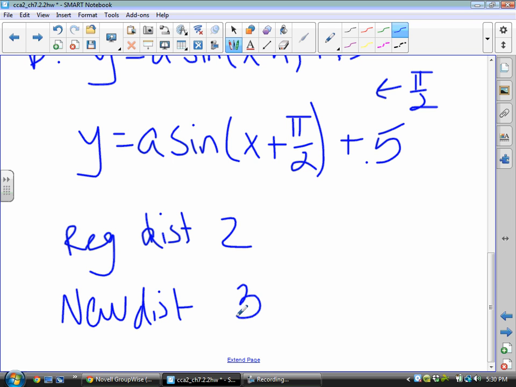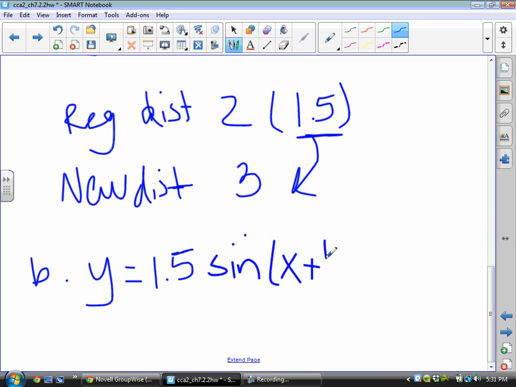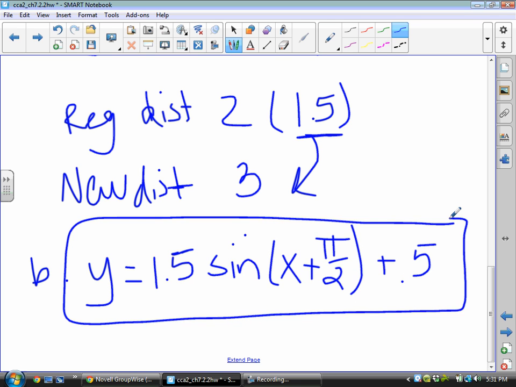What do you multiply 2 by to get to 3? I'm going to multiply it by 1.5. So this 1.5 is going to be my amplitude. It changes how high and stretched it goes. My new equation for B is y equals 1.5 sine of (x plus pi over 2), plus 0.5. So this is part B's equation.